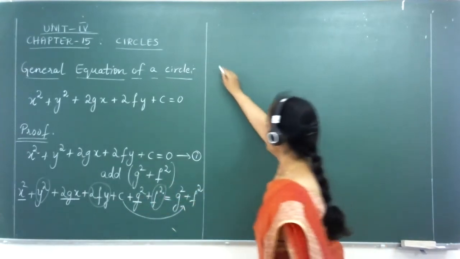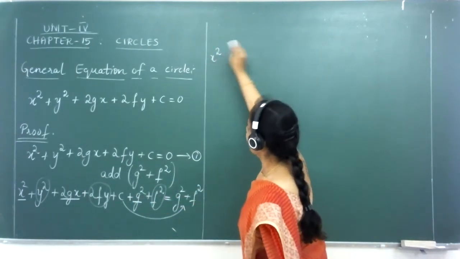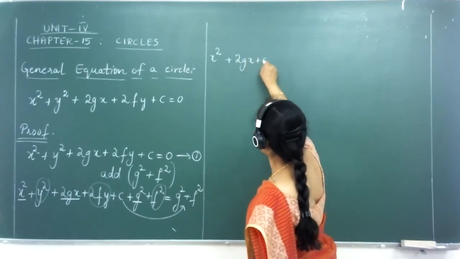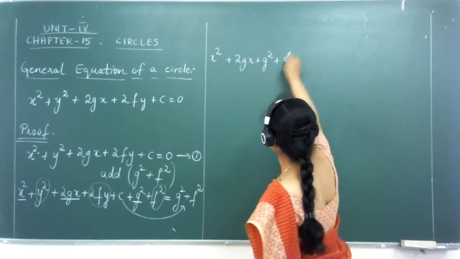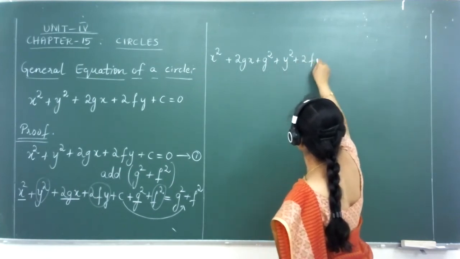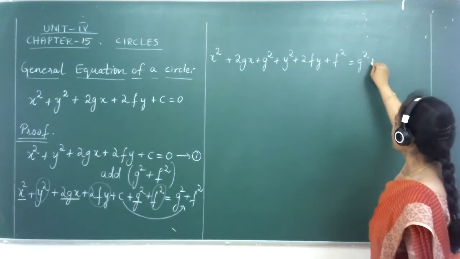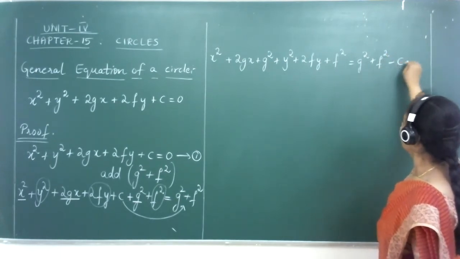By doing so, we get the equation now rewritten as x squared plus 2gx plus g squared plus y squared plus 2fy plus f squared, which is now equal to g squared plus f squared minus c.